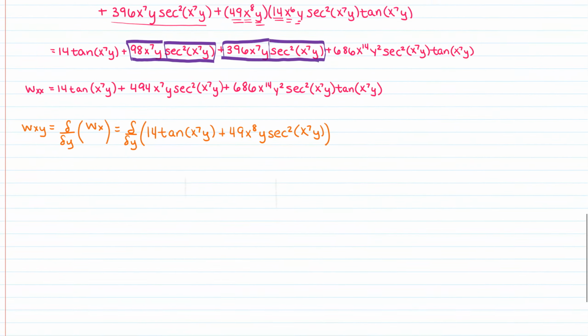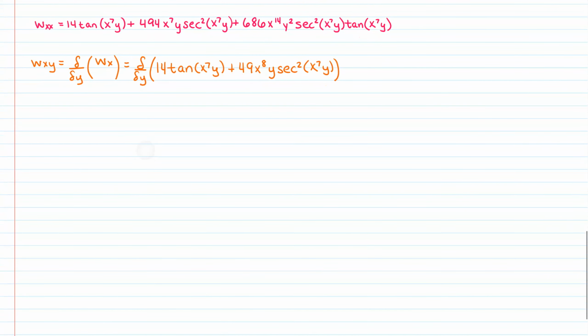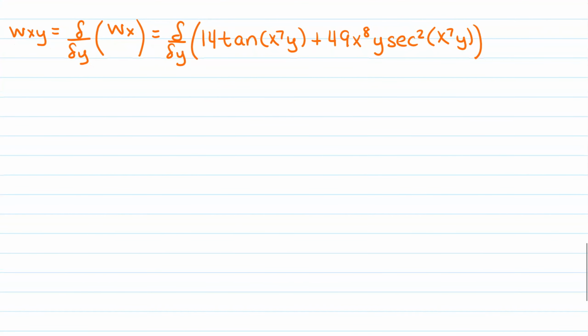Now if we were going to do this, this guy is just one function, so we just bring down the 14 times the derivative of tangent, which is secant squared, and then times the derivative of x to the 7th y with respect to y, which is x to the 7th.